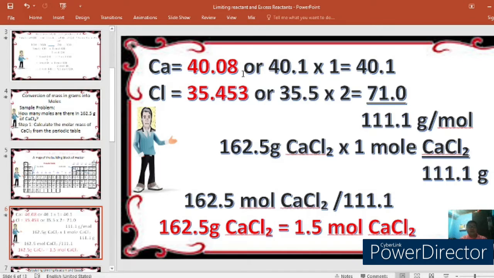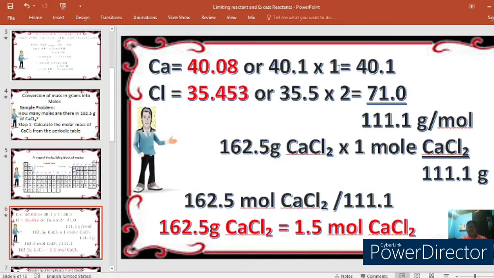Since calcium has 40.08 and chlorine has 35.453, we have to round it off. 40.1 times 1 equals 40.1, while 35.453 we round up into 35.5 times 2, that is 71.0.